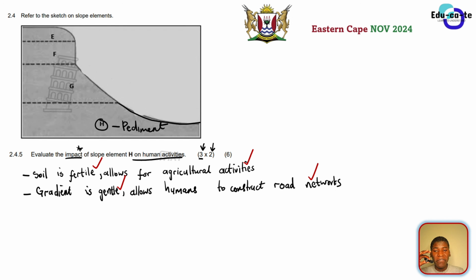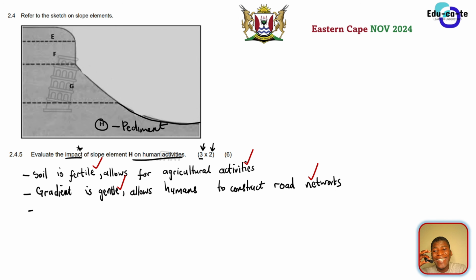All right, so that's one of the impacts. There are many things that you can still mention about the gentle gradient. You can use one cause and have multiple effects, because this gentle gradient doesn't only allow us to construct road networks. We can probably build houses there.